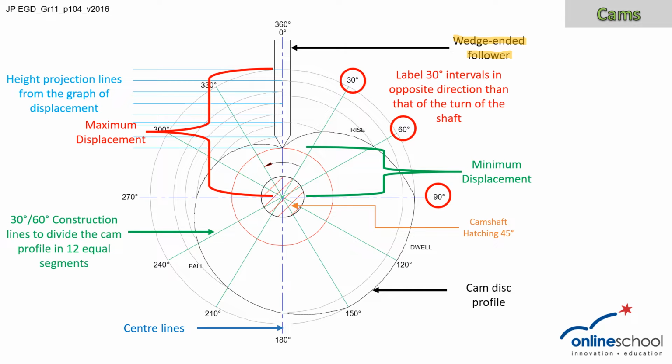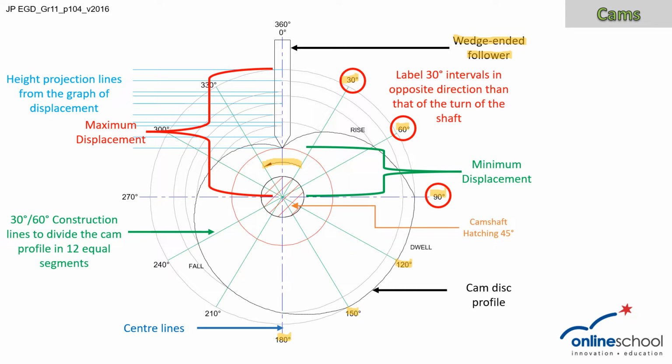We identify then the turn of our camshaft, which is in this case anti-clockwise. We will then immediately make sure that we label our construction in the opposite direction to that of the turn of the camshaft. We also see that we have now divided our whole cam disk profile into 12 equal segments of 30 degrees each.